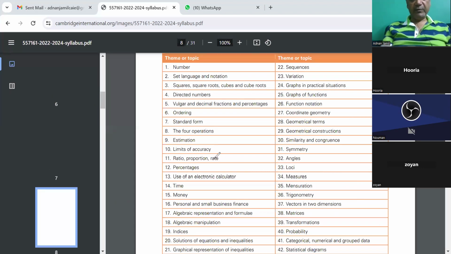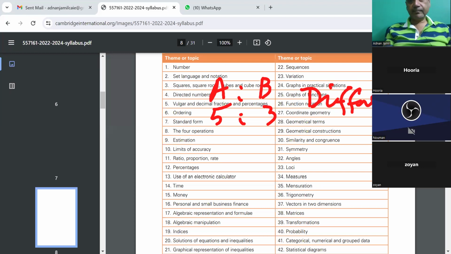Okay, the thing which we have to remember now for ratio, I gave you a question. Just say for example, two values are given, 5:3, and they say in quantity, the difference between A and B is, let's say, $20.